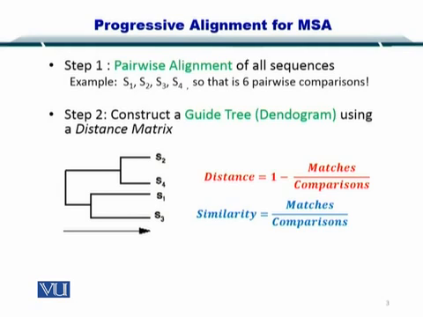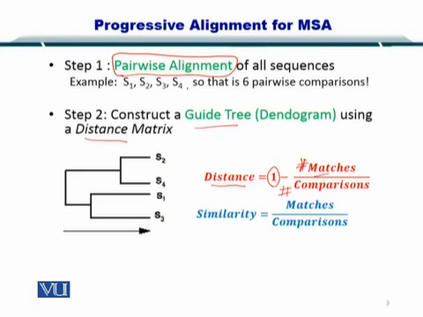So how do you compute the distance matrix now that you know what a guide tree is? The distance matrix is simply: distance equals 1 minus the number of matches over the number of comparisons. If you remember, you have already performed the pairwise alignment here.